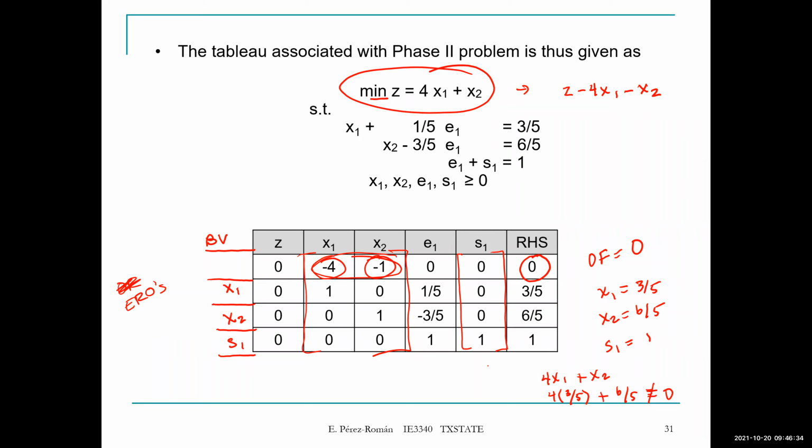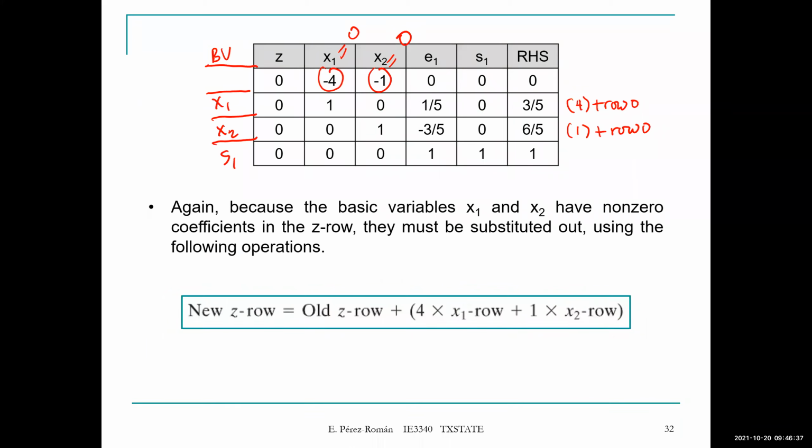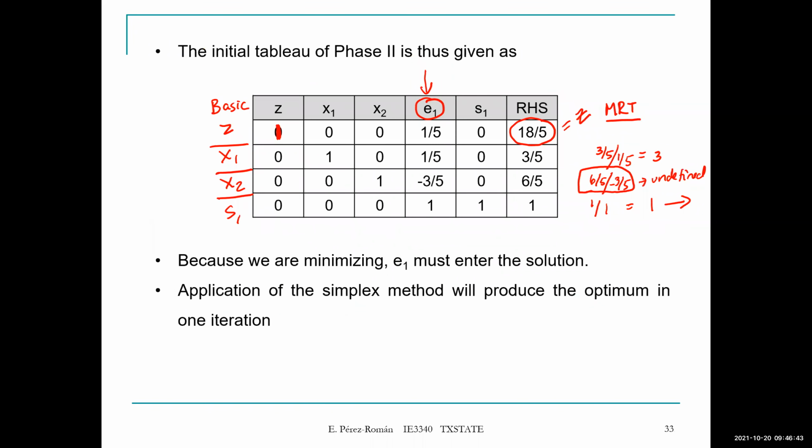That's what we're going to do to make this tableau consistent. Again, we perform these elementary row operations. We make these 0 and 0, and we obtain the z value corresponding to this solution: x1 equals 3/5, x2 equals 6/5. At this point, the tableau is now ready for you to solve using the simplex method.